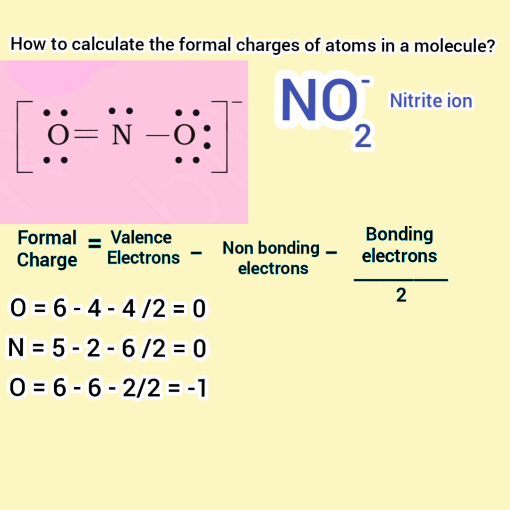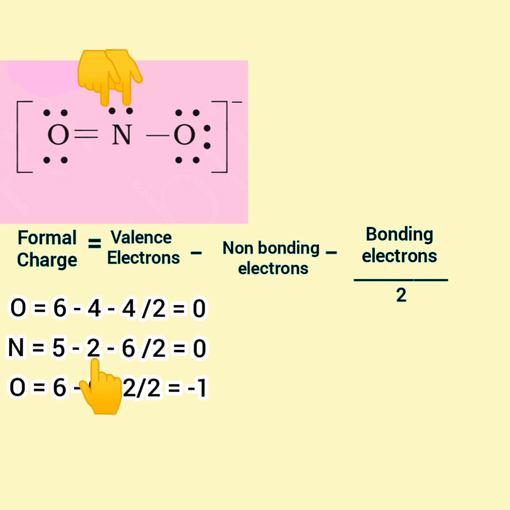The central nitrogen belongs to the 5th group of the periodic table, so the valency of nitrogen is 5, minus non-bonding electrons, which is 2, count the dots, minus here 3 bonds, which means 6 electrons, divided by 2, equals 0. And we take the right side oxygen. The valency does not change.